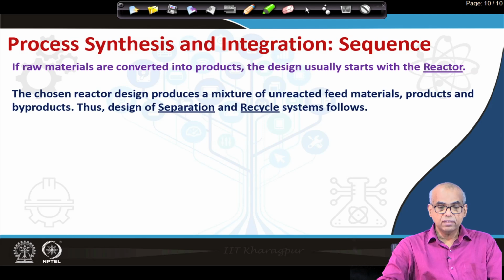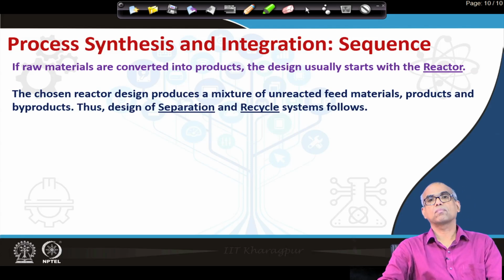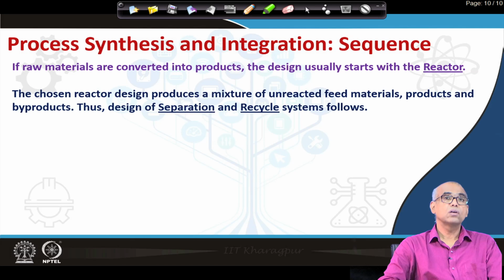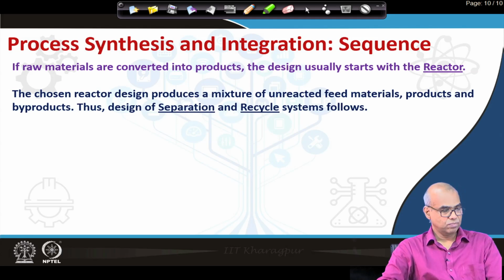The chosen reactor design produces a mixture of unreacted feed materials, products and byproducts. Thus, the design of the separation and recycle system will follow. This is what we have seen when we talked about the possible flow sheets in the past few slides.